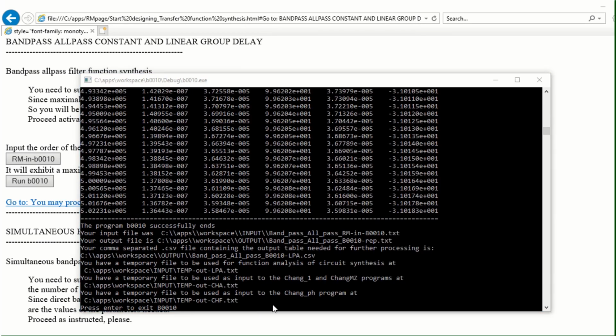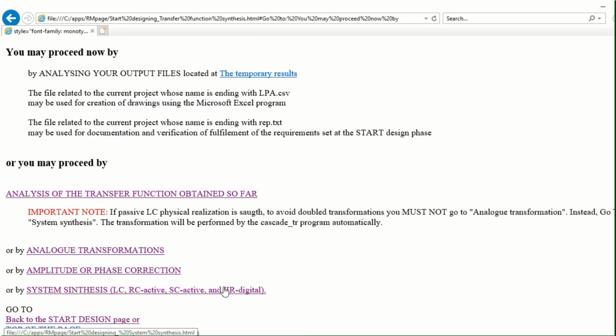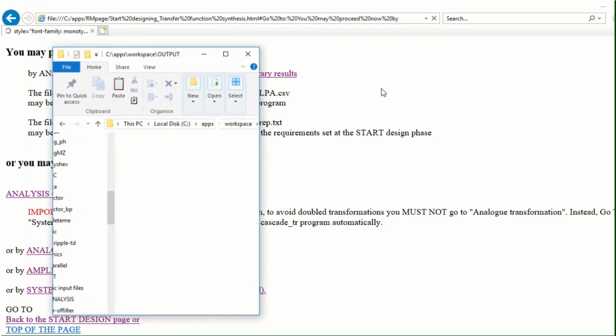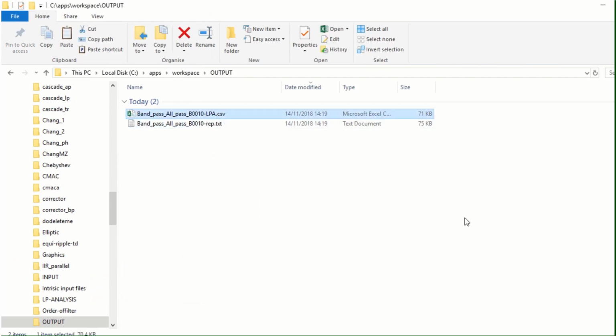The iterative process finished. We will proceed now with the synthesis of the transfer function. We will proceed with the analysis of the temporary results, and that will be the CSV file.